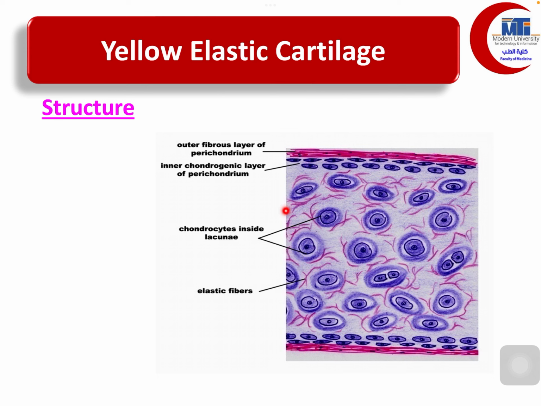So now let's move down deep into the cartilage matrix itself, and we will find it similar to the hyaline cartilage, where the chondrocytes are entrapped inside their lacunae and separated by cartilage matrix between these lacunae.